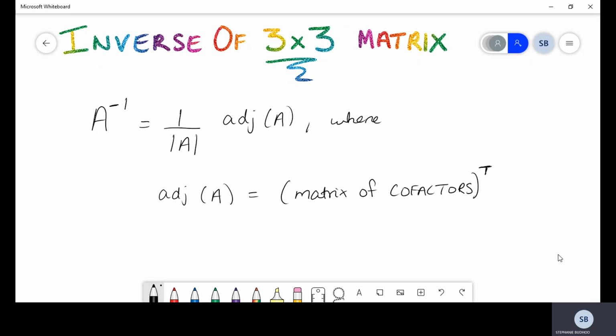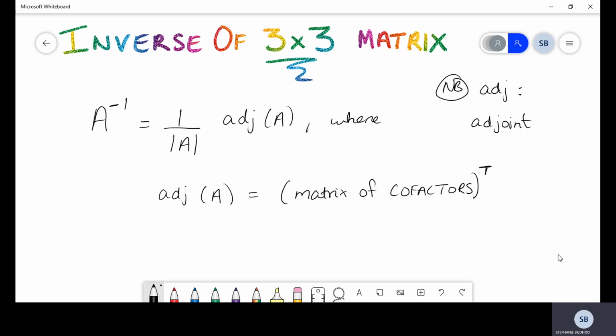Now, finding the inverse of a 3 by 3 matrix is just a tad bit different, where we have instead something called the adjoint. Now, exactly what is the adjoint? Take note that ADJ is shortened for adjoint, right?